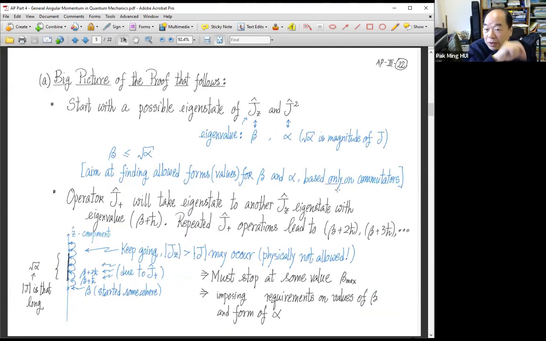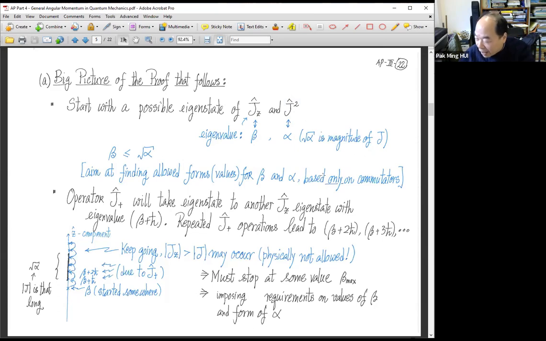Before we go into the operator algebra, I just give you the big picture of the proof so that you can follow it when we go into the details. So basically, the proof will go as follows. We will work out the magnitude square.